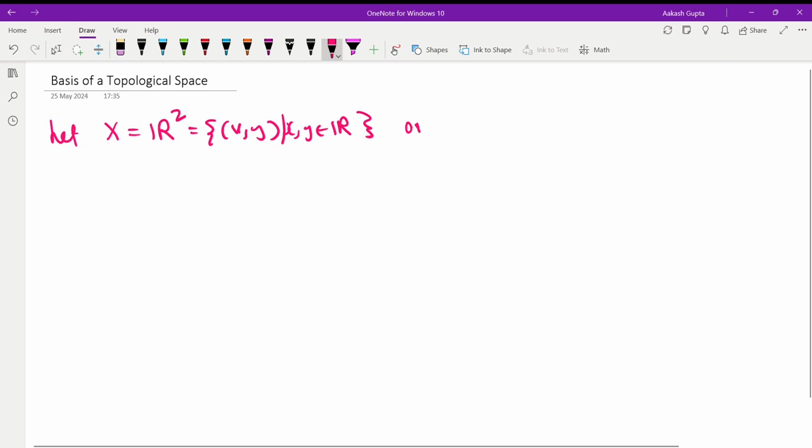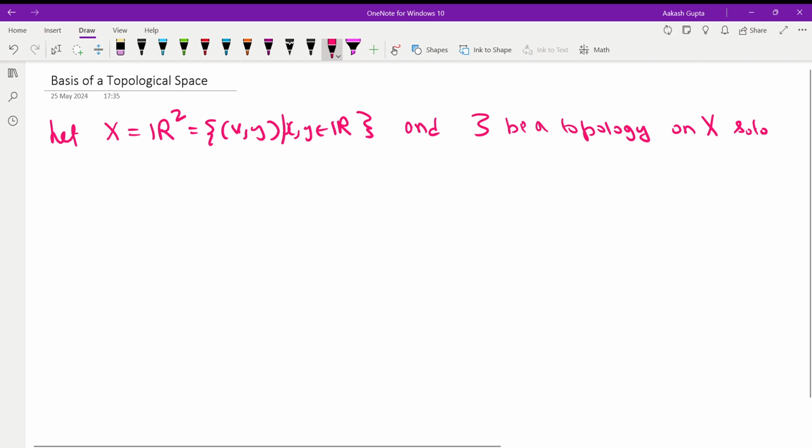And let tau be a topology on X. Let me tell you a few things about this topology.